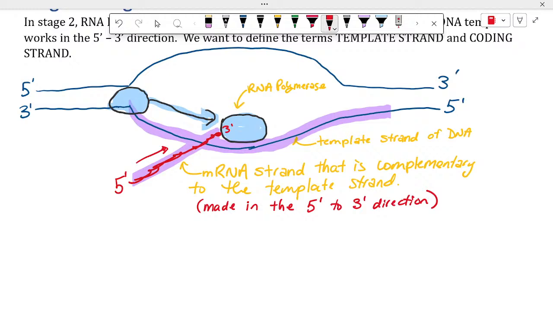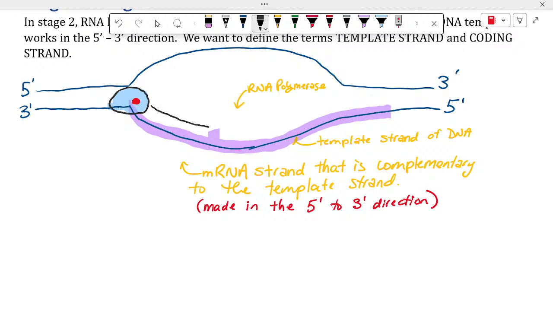Good question. Okay, ready? So when RNA polymerase first binds here, it's going to make a complementary mRNA just for there. Does that make sense? So then, as RNA polymerase moves along, now RNA polymerase will be here. And by the time RNA polymerase gets here, maybe I'll show it like this.